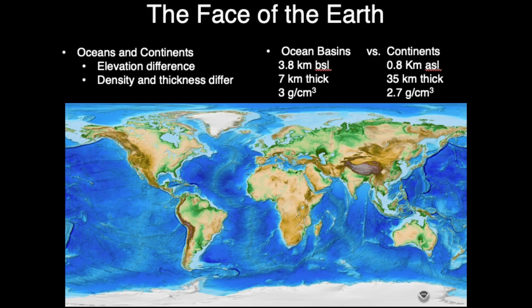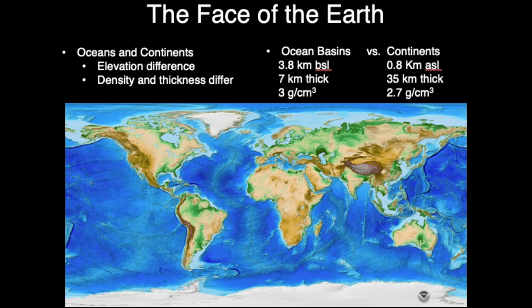thicknesses. For ocean basins, the average depth to seafloor bottom is about 3.8 kilometers below sea level, and the average crust under ocean basins is 7 kilometers, all right? So that we went through in the last slide. The average density of the crust is 3 grams per centimeter cubed in the oceanic crust, resembling mantle densities, which are pretty comparable to that.